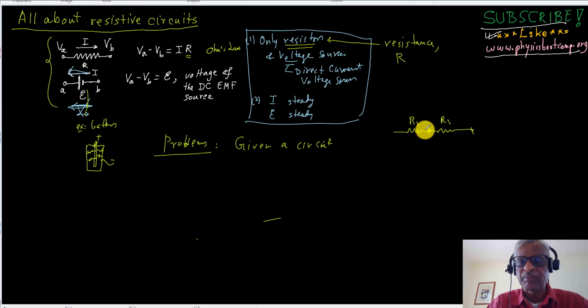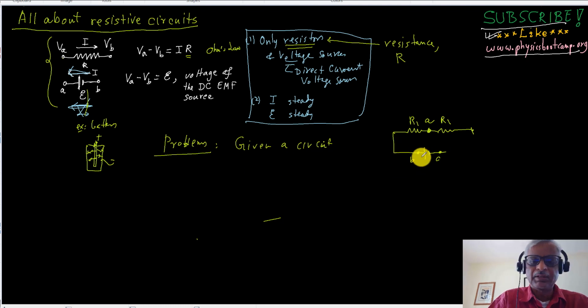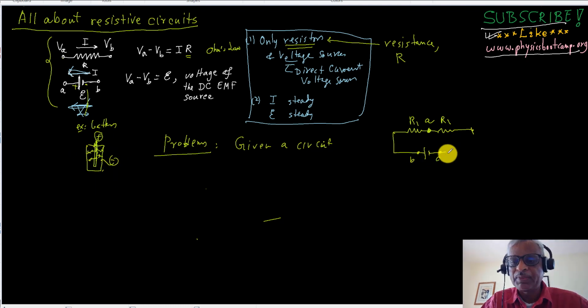I can combine them at some point A, and then you can connect them to point B here and point C here. I'm using this notation of a battery. This side is supposed to be negative, this side positive, like in this battery where the body was kept negative and the center rod was kept positive. So this is positive and this is negative. You can indicate it this way, and point C I've connected.